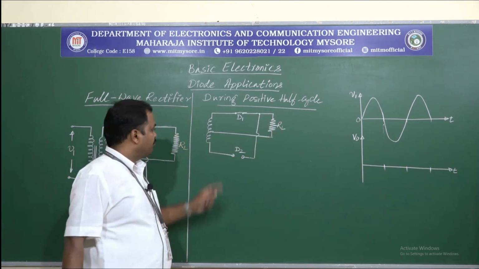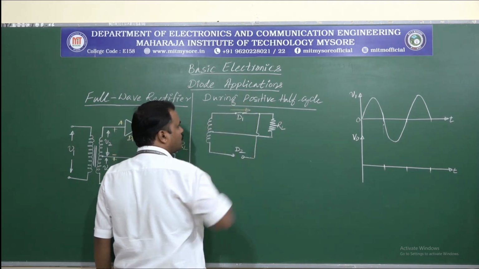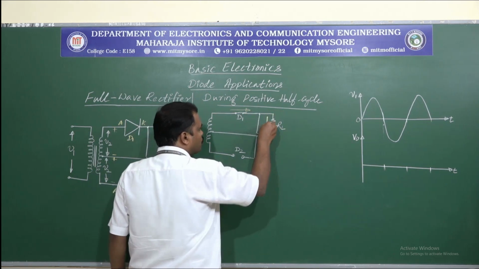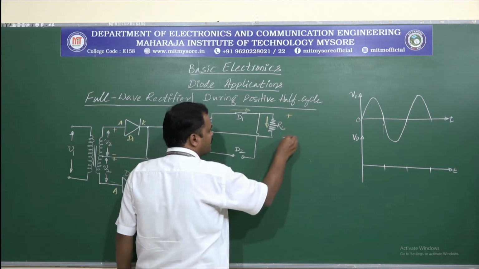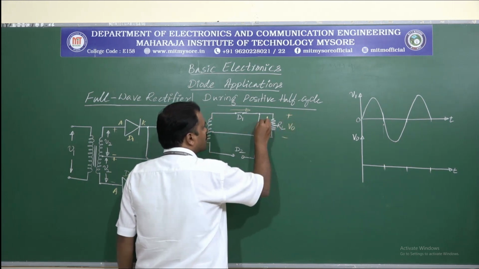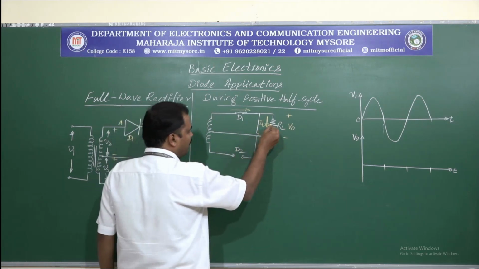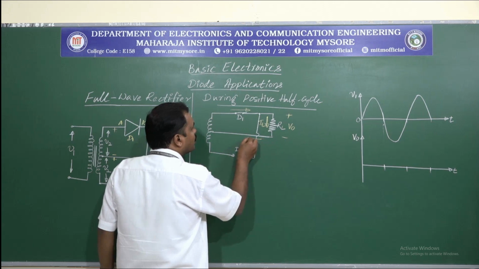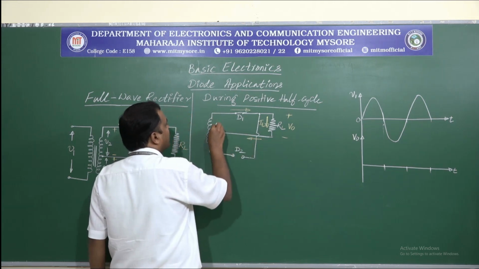Because of this arrangement, the current is allowed to pass through diode D1 and the same current will be flowing through the load resistance RL, where it generates the output voltage V0, and then it flows back like this and back like this.